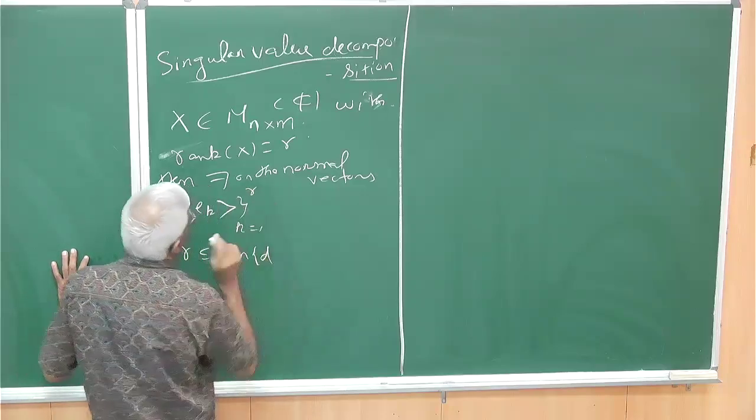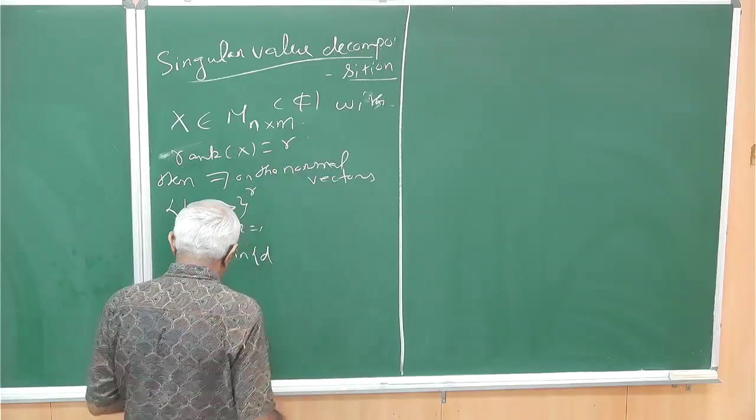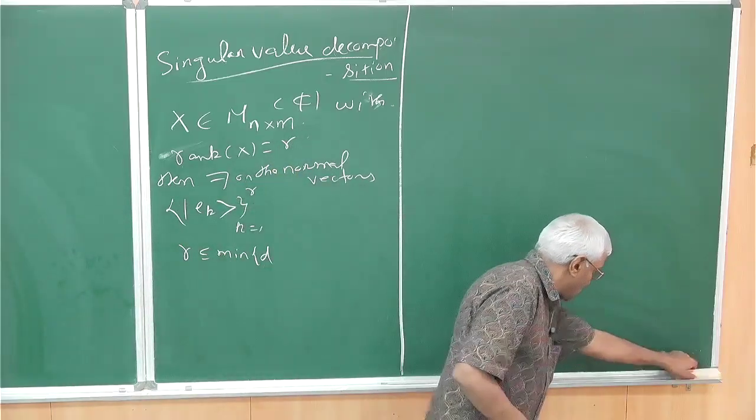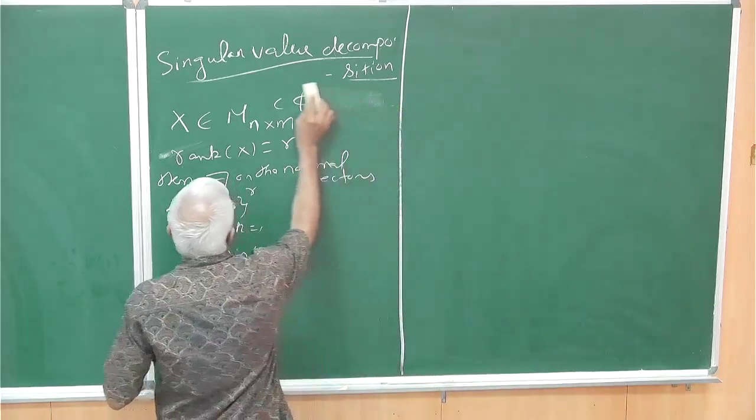R has to be less than or equal to the minimum of the dimensions. Let's call the spaces H_A and H_B, which is a notation that will be useful here.